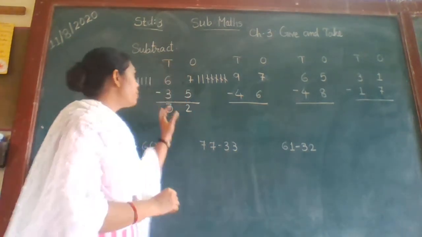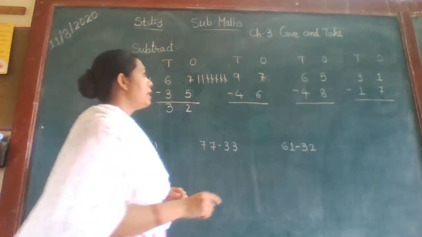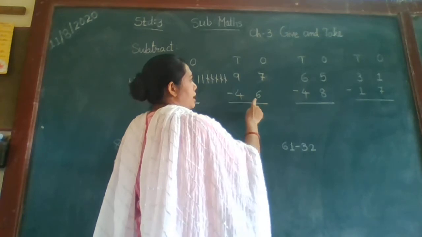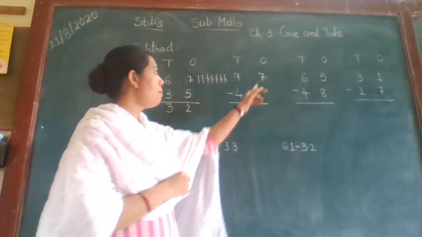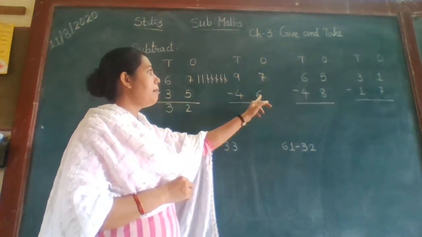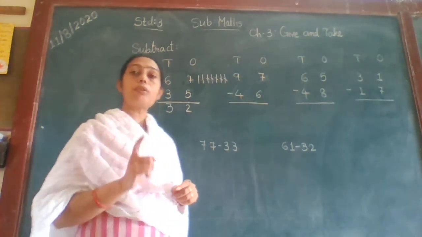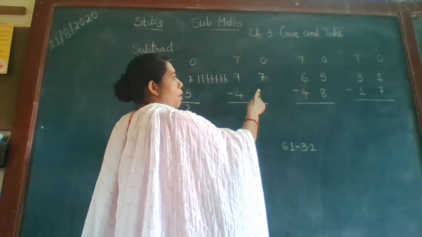But today we see another method. We will not draw lines. So see here, 97 minus 46. Always we start subtraction from the ones place, so first of all 7 minus 6. Dear students, first of all you have to see the second number.